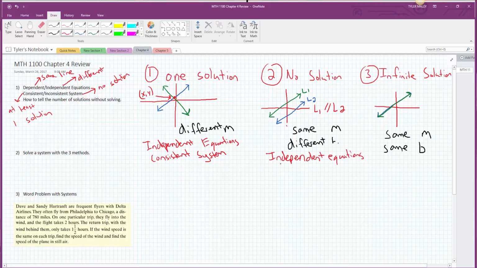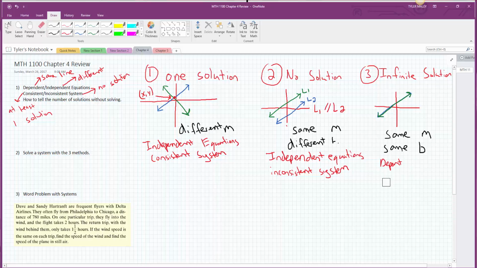But we would have an inconsistent system, because we don't have a solution here, right? So then lastly, with the third scenario, we have infinite solutions. This would be an example of dependent equations, because the lines are the same.